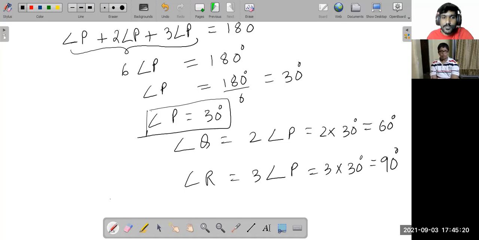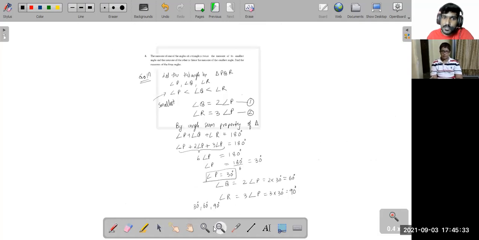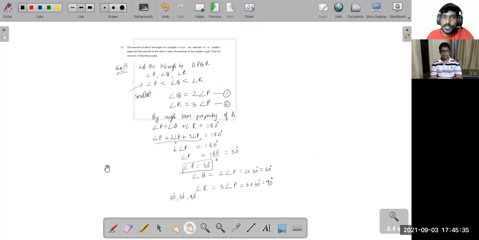So the three angles are 30 degrees, 60 degrees, and 90 degrees. Clear? Can you see the entire sum? Yeah. Write it down.